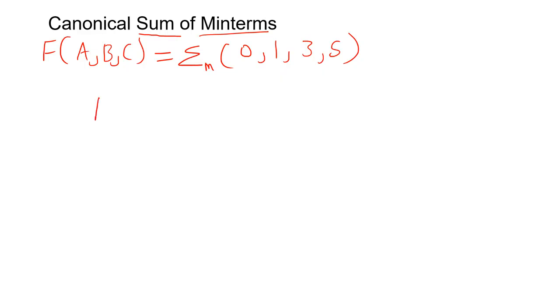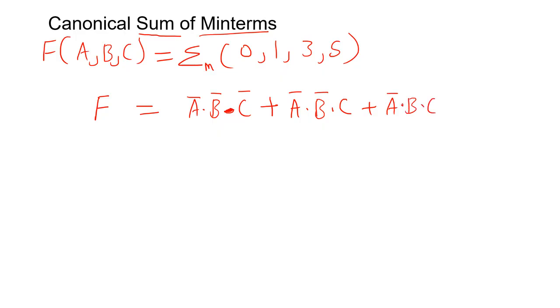Then our expression will be f equal to, you write the minterm for 0. As we have already seen, minterm for 0 will be a bar dot b bar dot c bar, plus minterm for 1, which will be a bar dot b bar dot c. Then minterm for 3, which will be a bar, b and c.